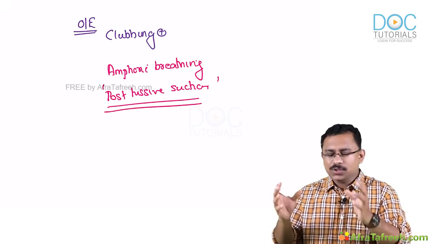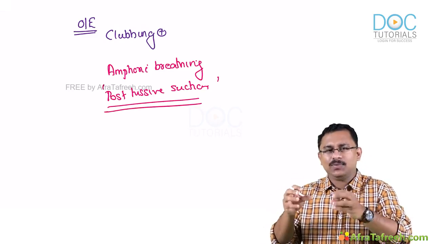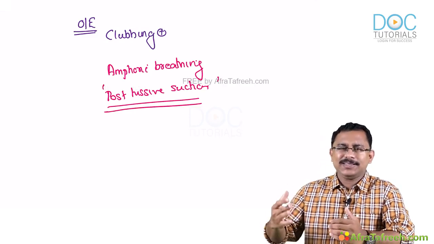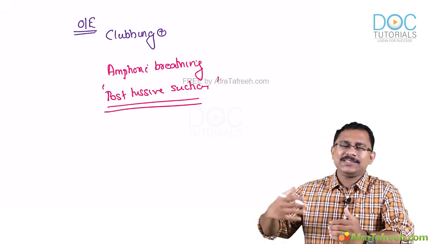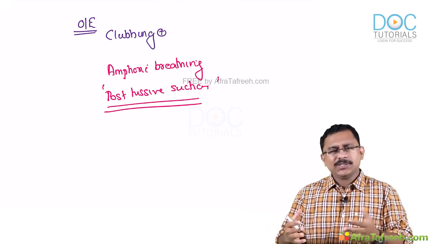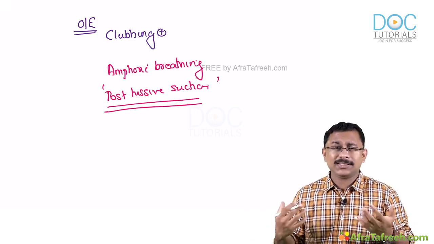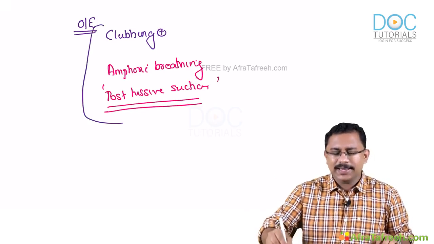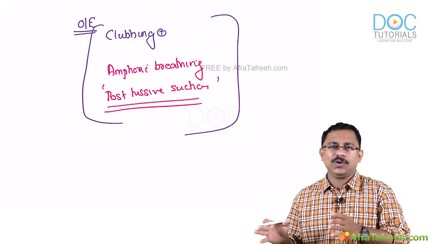Okay, it is usually seen when the cavity is thin-walled and more collapsible. And you might have other features, like if it is a disseminated involvement, you can have splenomegaly. Even on auscultation, you might have crepitations also. So these are the important examination findings in case of a secondary tuberculosis.